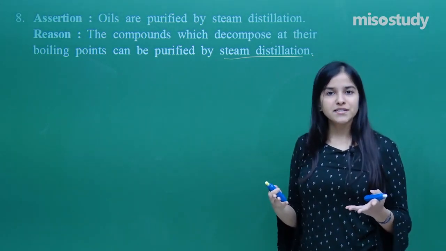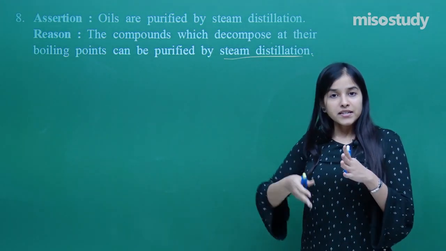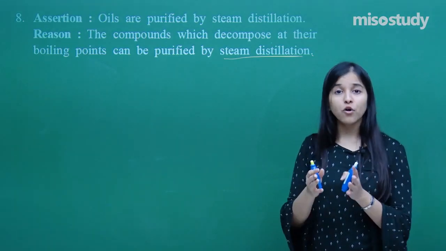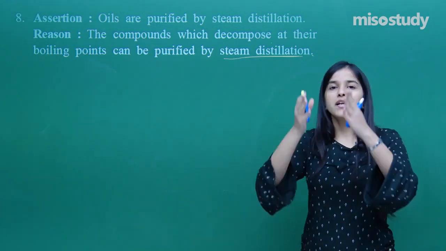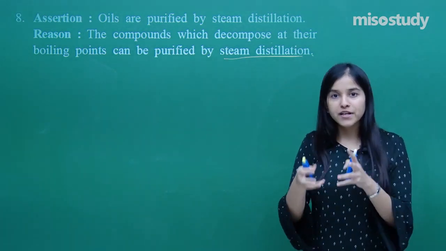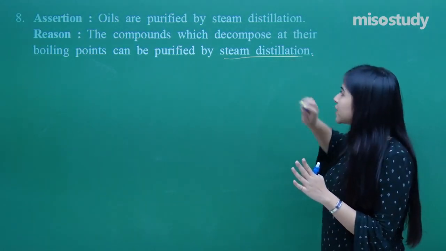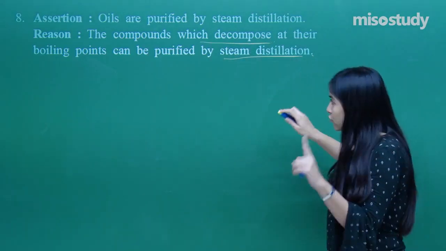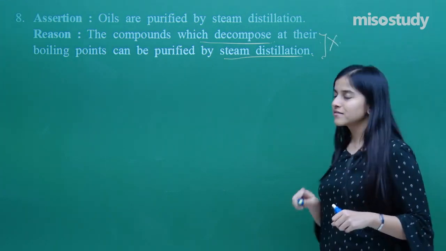Steam distillation is basically when steam is required along with the compound which we need to boil off. The steam and that compound are immiscible. They boil together simultaneously due to the heat produced by the steam. That is the basic principle of steam distillation and not the decomposition. So this statement is incorrect.